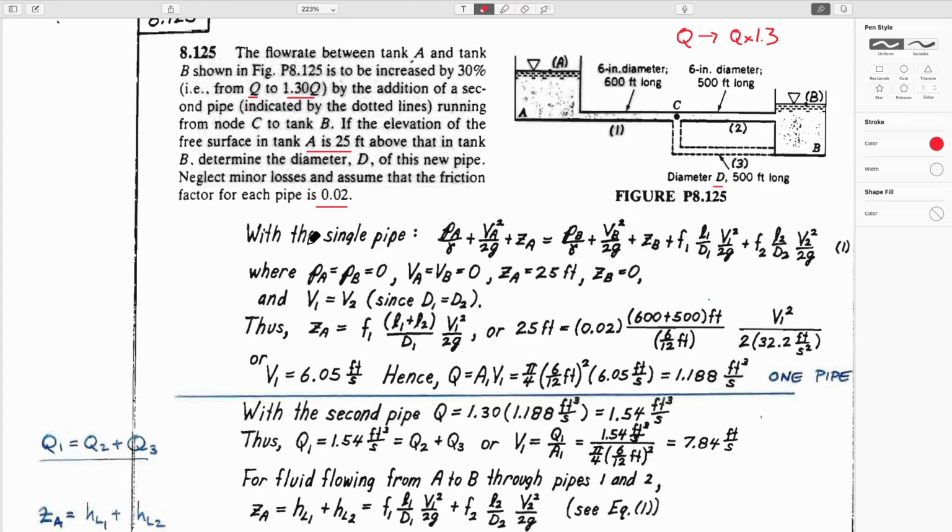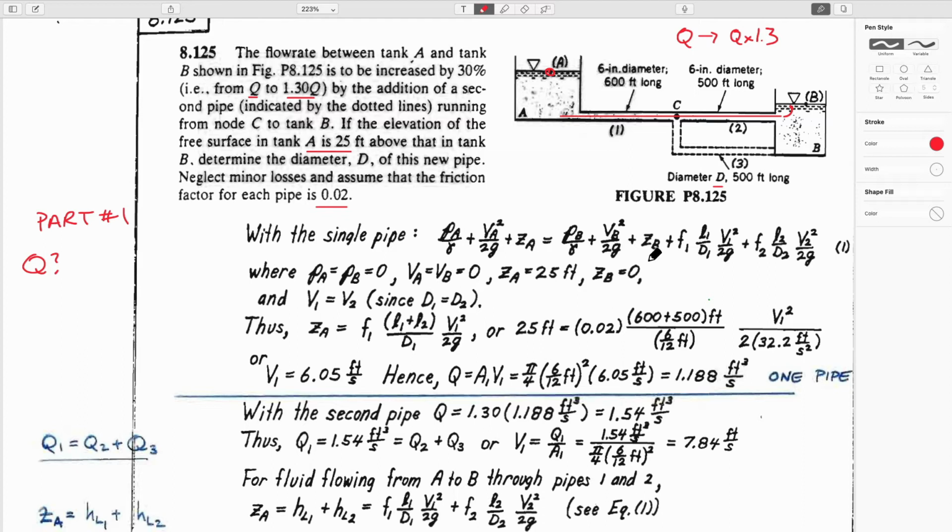And so I guess there are two parts, right? The first part is, what is Q? And so we now write Bernoulli between A and B through this circuit alone and up to there. If you do that, we have pressure A, upstream Bernoulli, downstream Bernoulli.